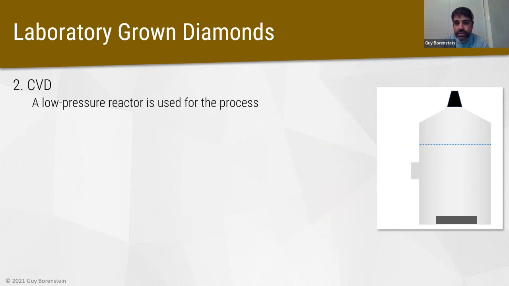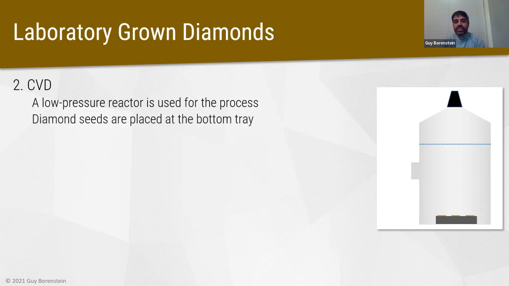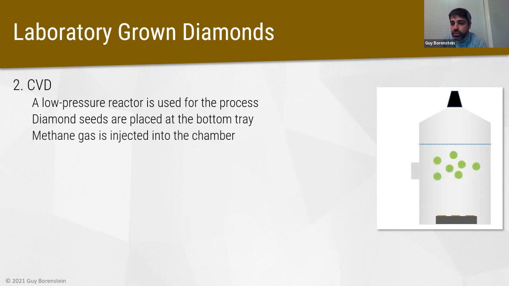Now inside this chamber, at the bottom, we are putting diamond seeds, some flat crystals of diamonds. We can put many inside, even 100 seeds in one reactor. Then we are injecting into this chamber a gas that is rich with hydrogen and carbon.